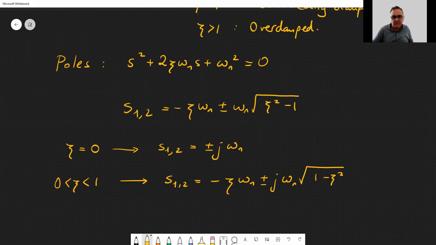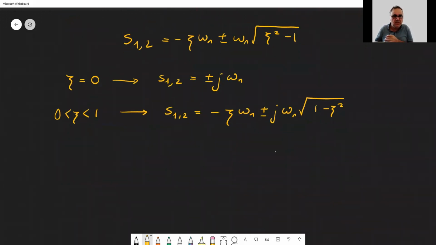So we take a j out and reverse the sign, as you see. If zeta is 1, so you have s1,2 is equal to, 1 minus 1 is a 0, so you have minus omega n.